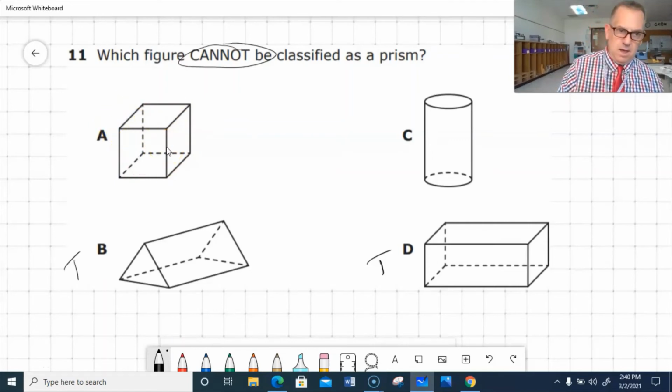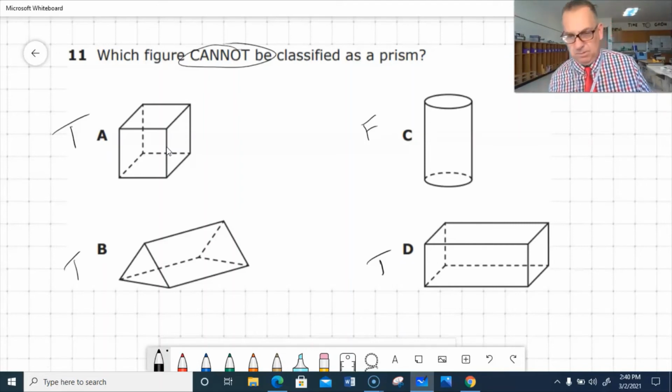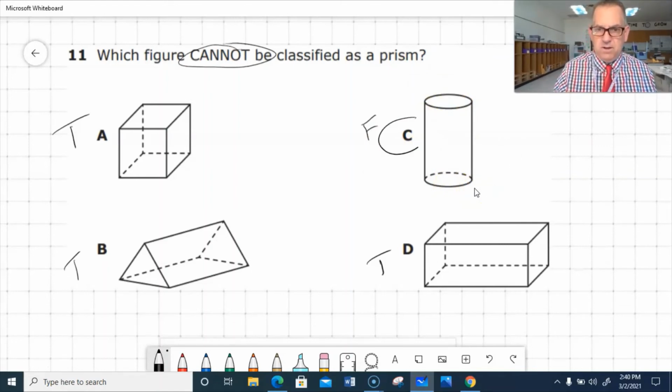So A can be classified as a prism, but C is not a prism. C is a cylinder, and cylinders are not circular prisms. It cannot be classified as a prism because it doesn't have rectangular faces connecting the bases, and the bases have to be polygons to be a prism. So C is the one that cannot be classified as a prism.